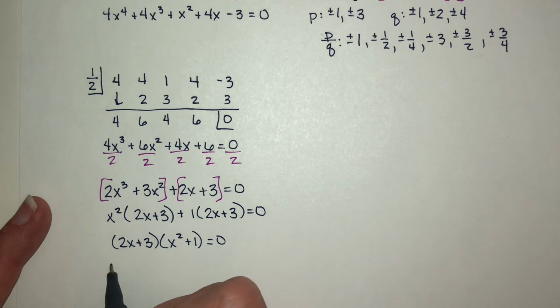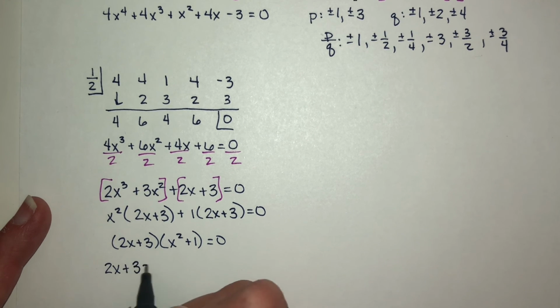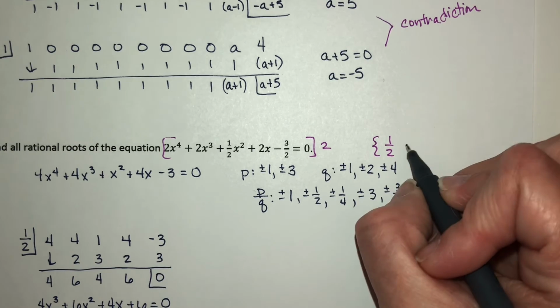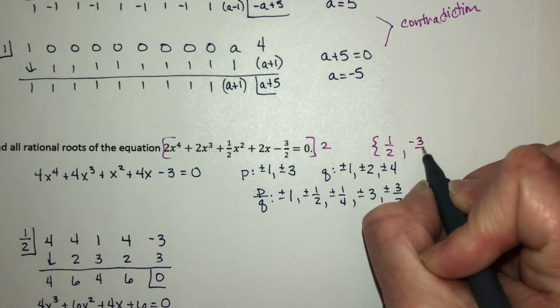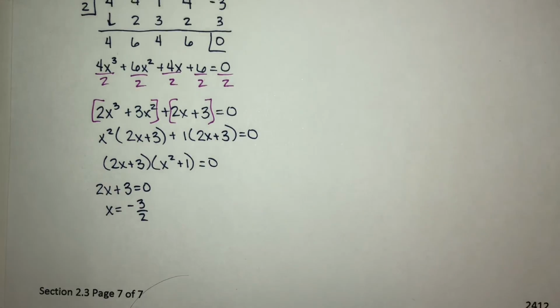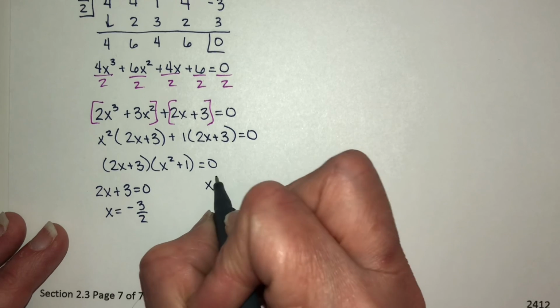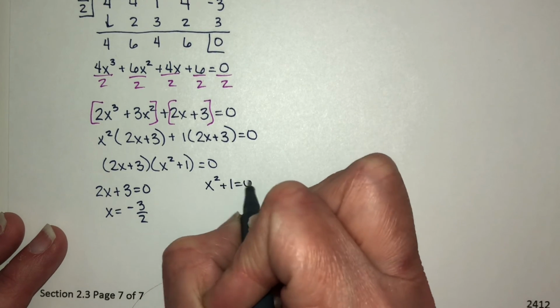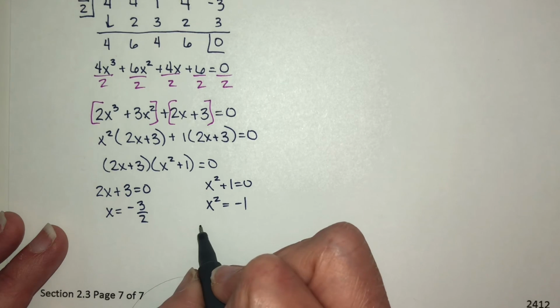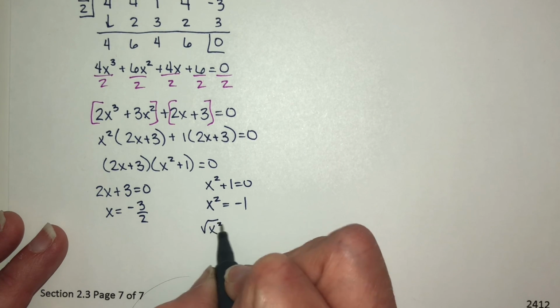Now set each of these equal to 0 to get your other solutions. Here you get x is equal to negative 3/2, which was one of my possibilities. Okay, now set this one equal to 0, and you get x squared plus 1 equals 0. X squared is equal to negative 1, so take the square root of both sides.